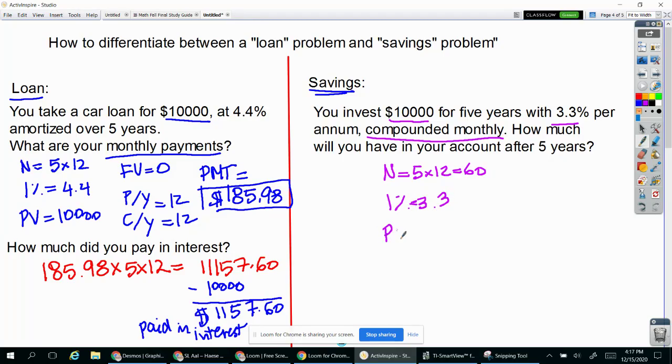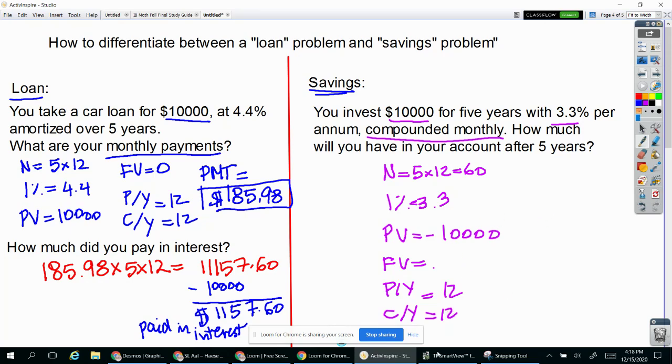Then the present value is negative $10,000, because you're giving the money to the bank, the cash flow is going from you to the bank. Future value, we do not know what it is. We'll find out. Payments per year and compounds per year are going to be the same, 12. So 12 and 12. But you do not enter anything for payment.